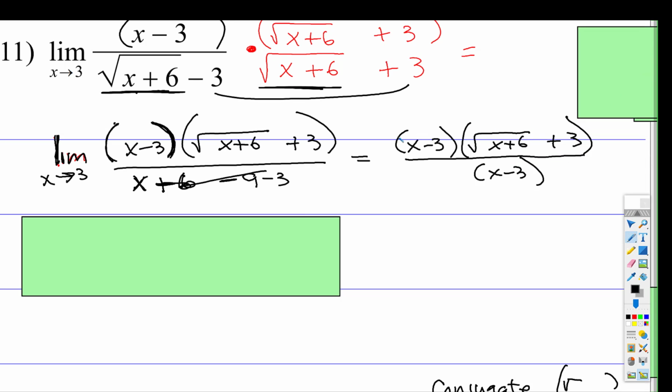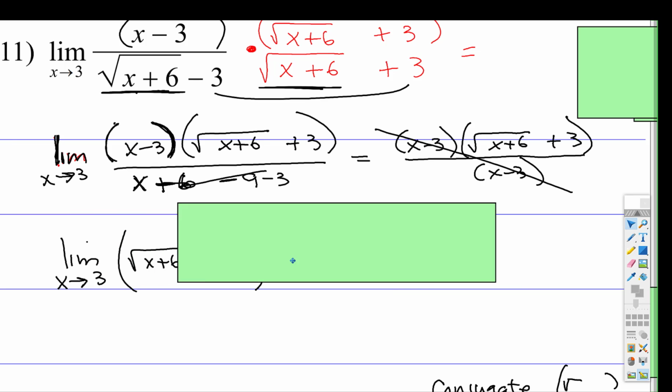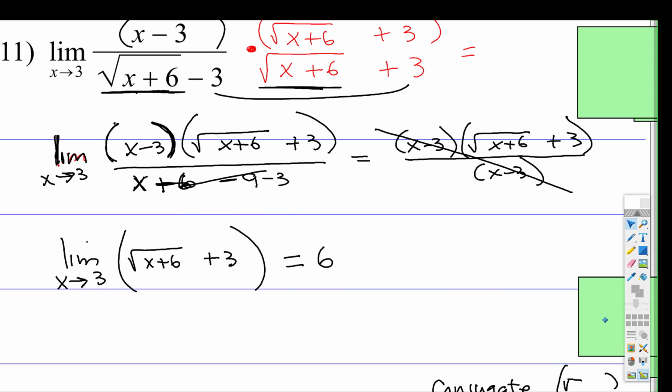And then look at what happens. The x minus 3, the x minus 3 can cancel. Then you can use direct substitution. 3 plus 6 is 9. The square root of 9 is 3. 3 plus 3 is 6.